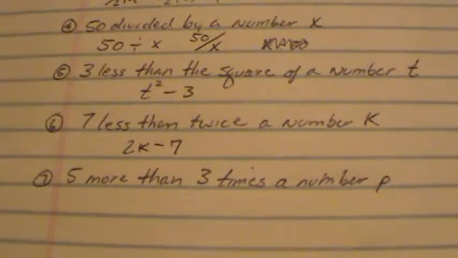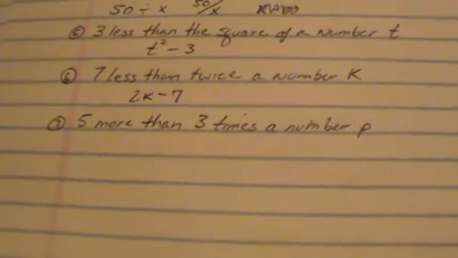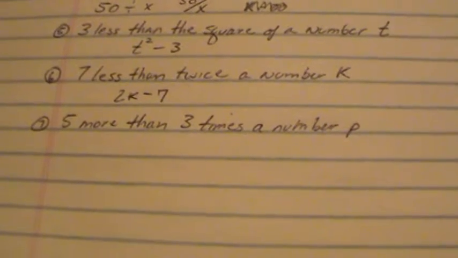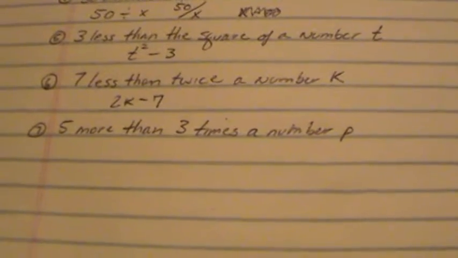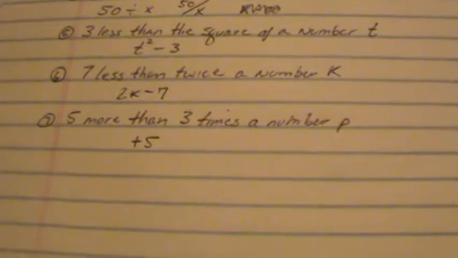So that'd be 2k minus 7. The last one is 5 more than 3 times the number p. I know it's going to be 5 more, so I'm going to add 5, then 3 times the number p. So it's 5 more than 3 times p.